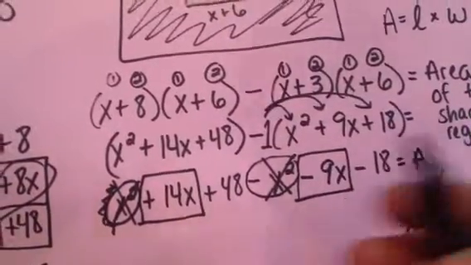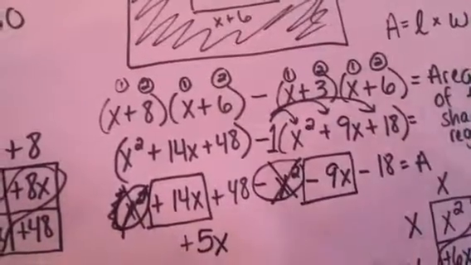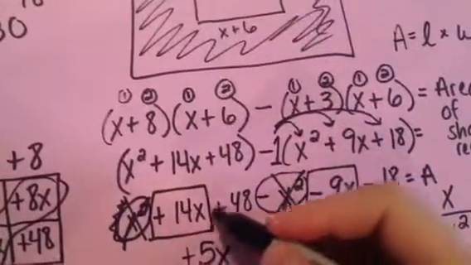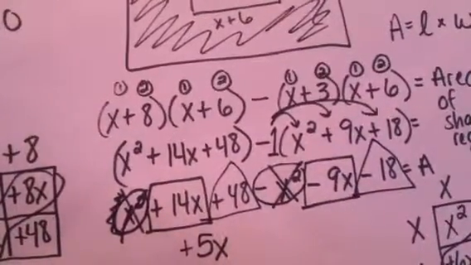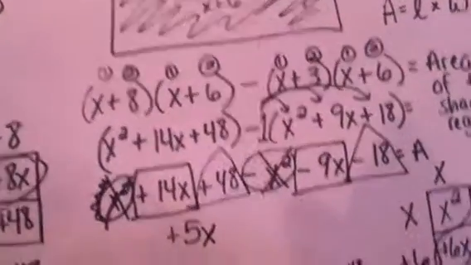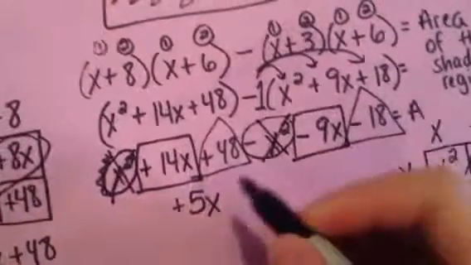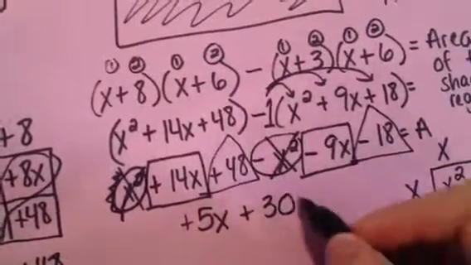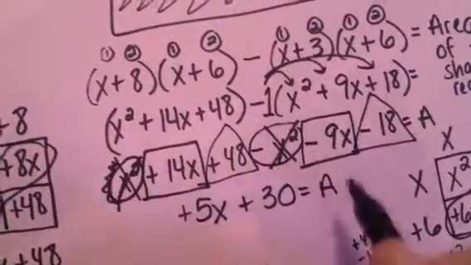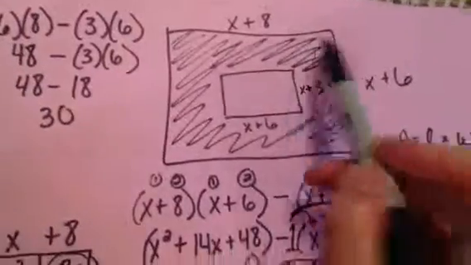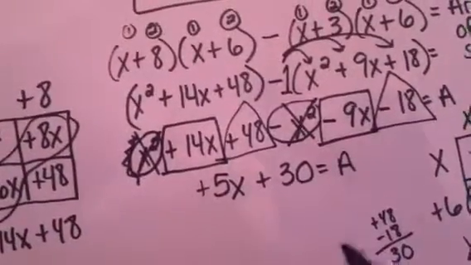Positive 14x and negative 9x gives me a positive 5x. And then last would be my numbers. I've got a positive 48 and a negative 18, which gives me a positive 30. So my simplified expression for the area of this shaded region is going to be 5x plus 30, which equals the area.